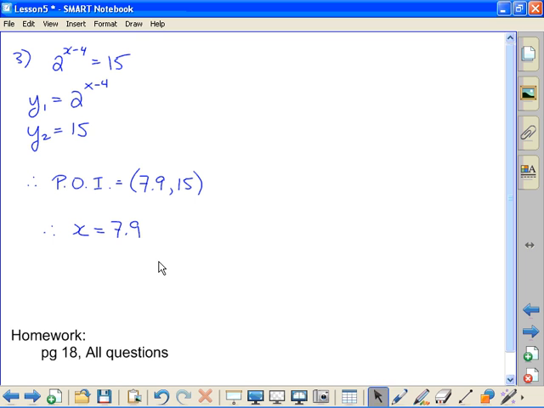What I want to point out is two things. First, you need to put brackets around the x minus 4 when you go to the calculator. Second, the calculator gives you the final answer. You do not have to use the minus 4 again, because I always have some people thinking, oh, that's x minus 4 equals 7.9. No, the graphing calculator gives you x, the final answer.